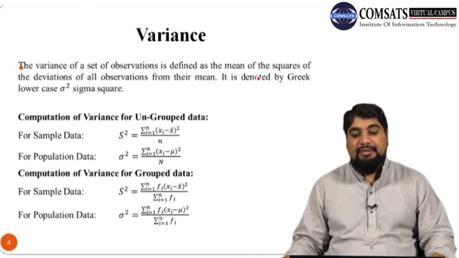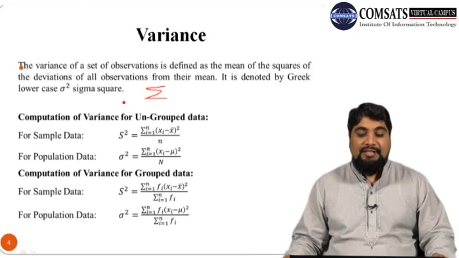Usually variance is denoted by the Greek lowercase sigma squared. The big sigma, which is also used for summation, is the uppercase sigma, whereas this sigma is the lowercase sigma, and the notation of variance is the square on the sigma.